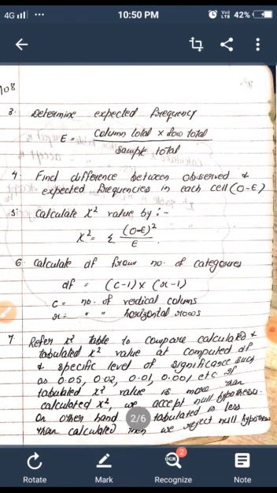C is the column, that is the number of vertical columns, and R is the row, that is the number of horizontal rows given in the contingency table.